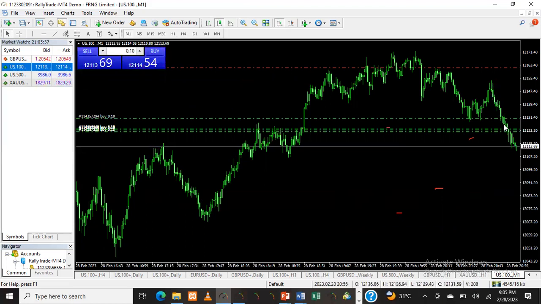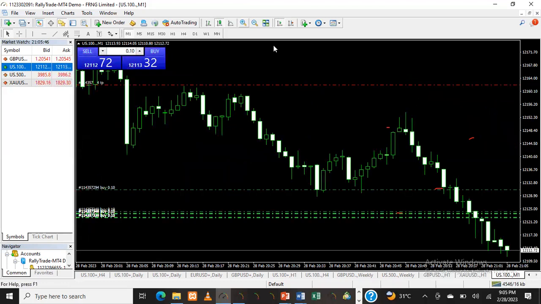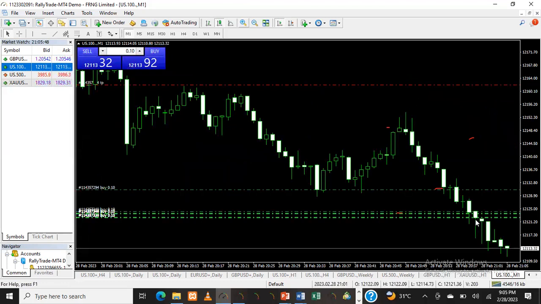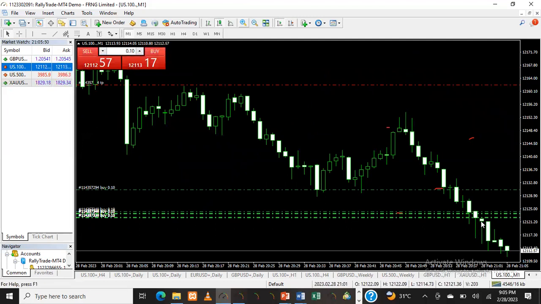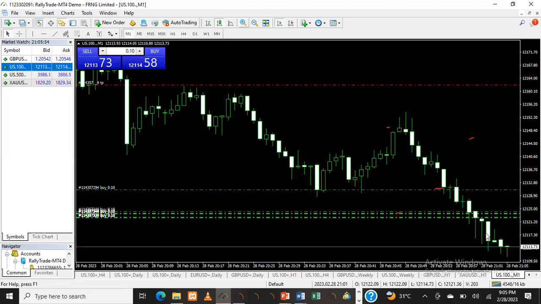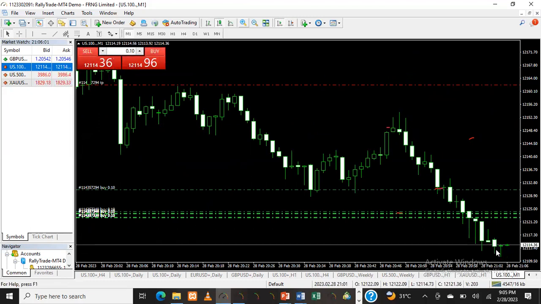In as much as it has been selling, we also have some buying candles, some bullish candles in between. Let me zoom. Now, these shadows here are a result of the buyers trying to push this market upward, but we have more bearish pressure than bullish pressure. So this shadow you're seeing here is a result of buyers trying to push this market back up.